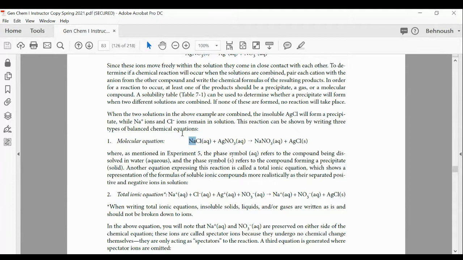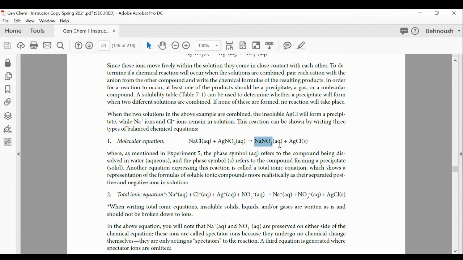Another kind of shortcut here is like out, out, in, in. When you have two ionic solutions, out, out means that sodium from the first compound goes with the nitrate from the second compound, and then silver would go with chloride. Is silver nitrate soluble or not soluble?